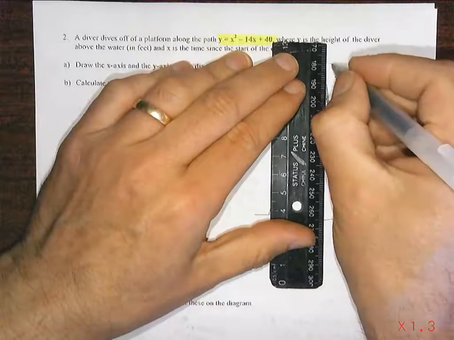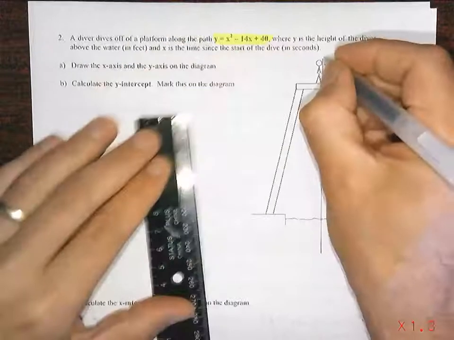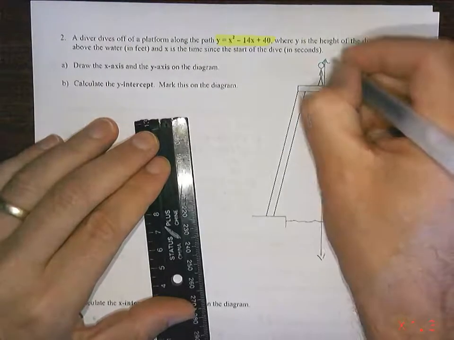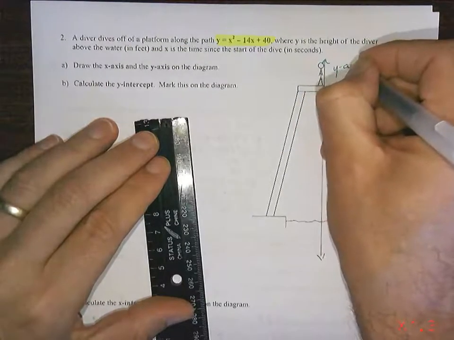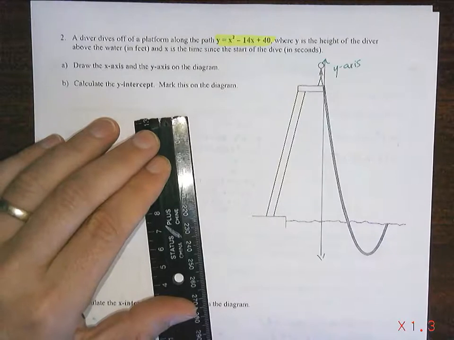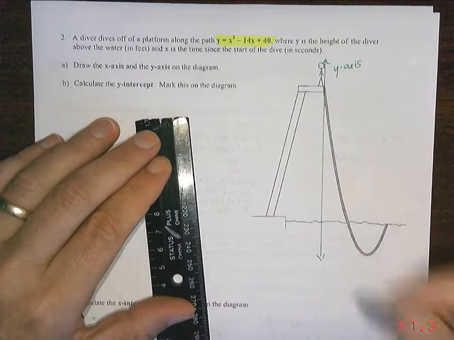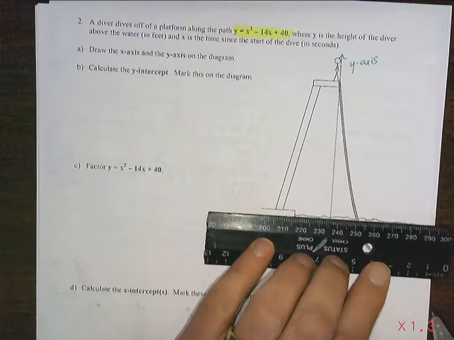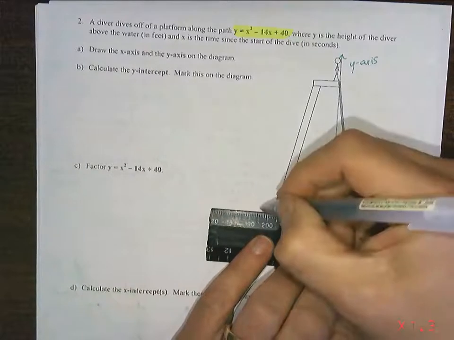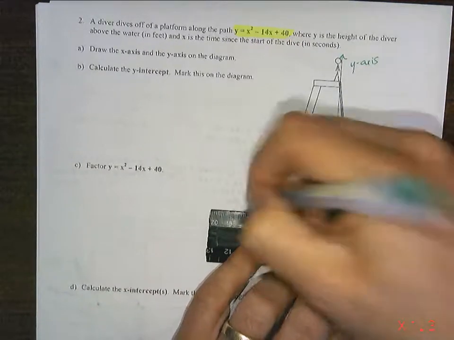So here's the y-axis. The y-axis is height above the water. So this is positive above the water. This is negative below the water. That's going to put our x-axis right here. See how I did that? Isn't that cool?